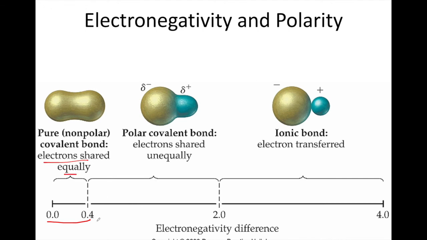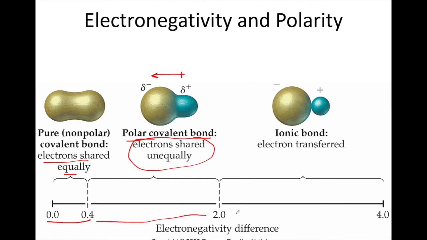If the difference is 0.5 to 1.9, then the molecules share the bonding electrons unequally, and they have a polar covalent bond, setting up a polar molecule. And we say the electrons are shared unequally, and these can also be represented with a net dipole moment arrow.